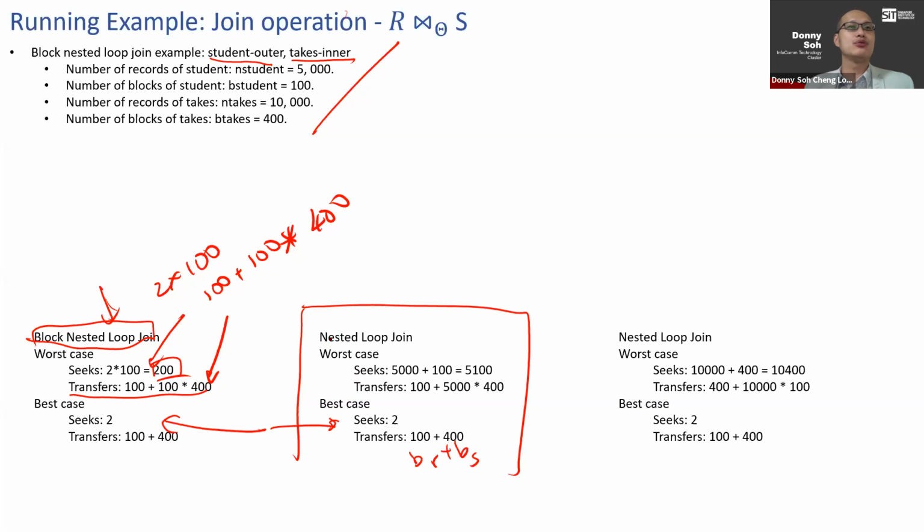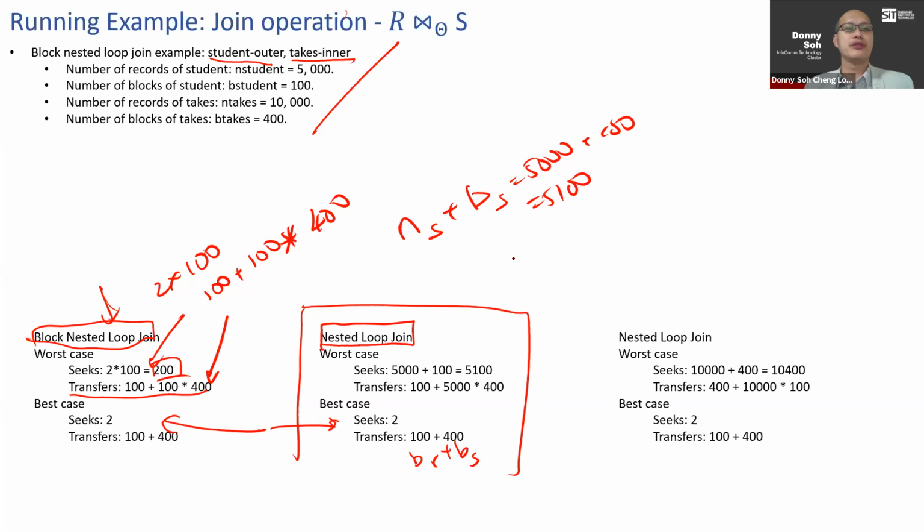Let's compare this with my nested loop join. In my nested loop join, the number of accesses equals the number of tuples of my outer loop, which is my student, plus the number of blocks of my outer loop, which is 100. So this is 5,000 plus 100, which gives me 5,100 over here.